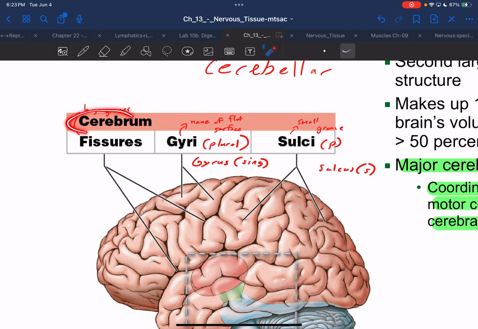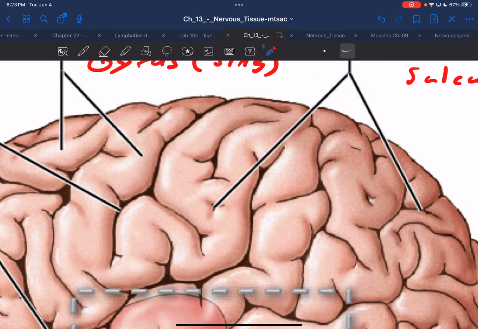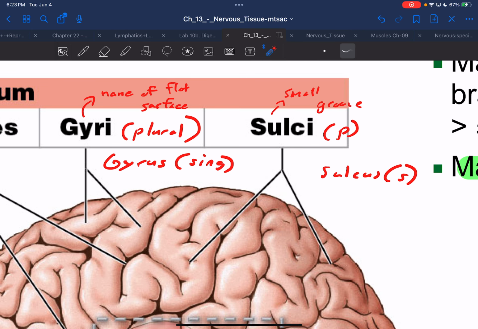This section is called cerebrum. This cerebrum contains landmarks such as small grooves we call sulci. We should be familiar with the word sulcus, which is singular for groove. Sulci is plural for small grooves, many grooves. So sulcus, small groove, sulci, many small grooves.